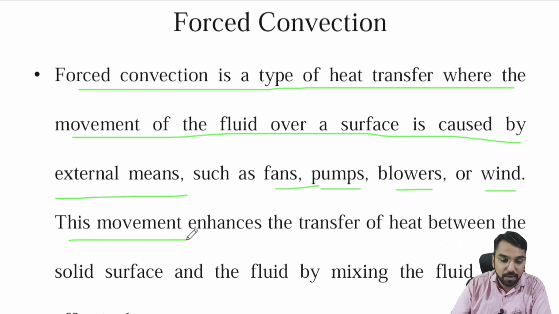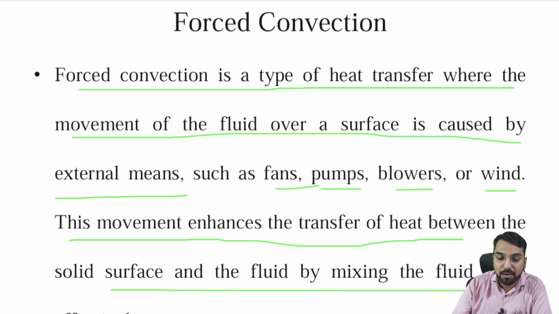This movement enhances the heat transfer between the solid surface and the fluid by mixing the fluid more efficiently. What do I mean by this? In a natural convection process, we do not have control over the fluid motion, because the motion takes place due to density differences created by the heat being transferred from layer to layer.